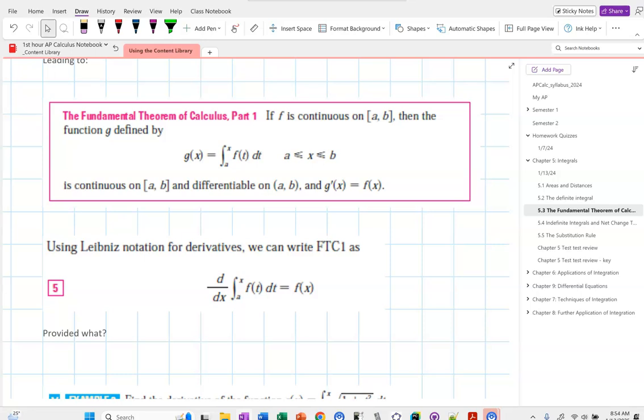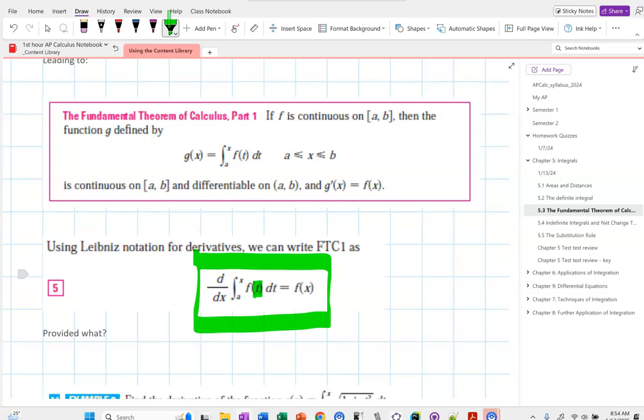Or in other words, using the notation that we most commonly use, if I take the derivative of the integral, whatever the variable is here goes into the function and we're done.